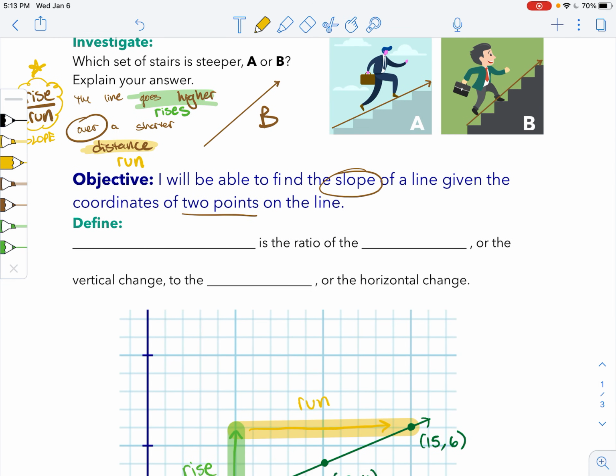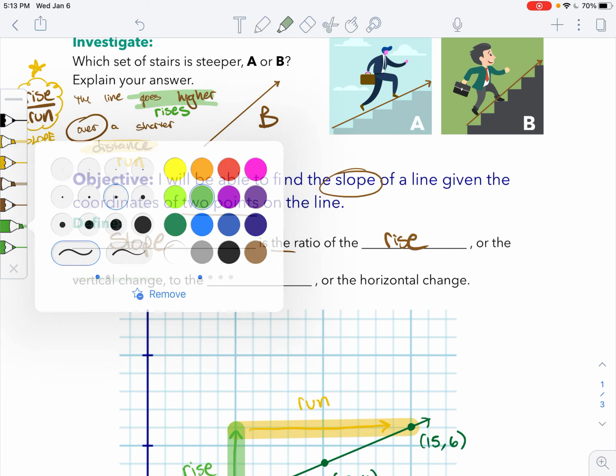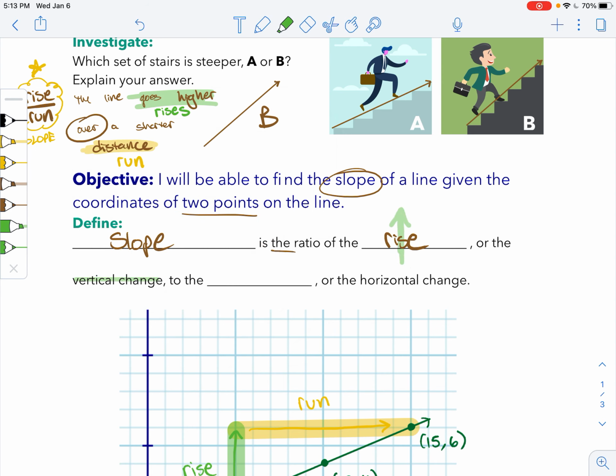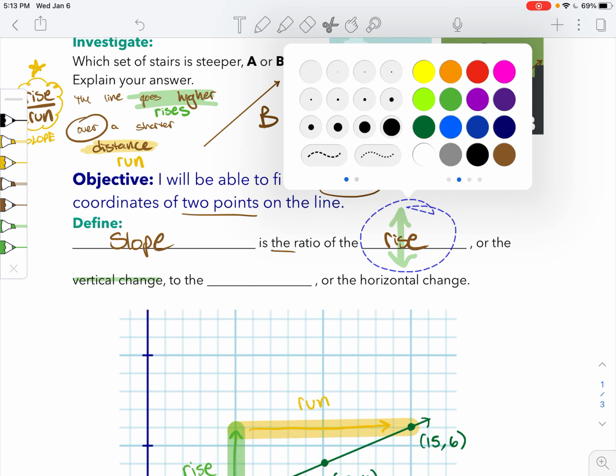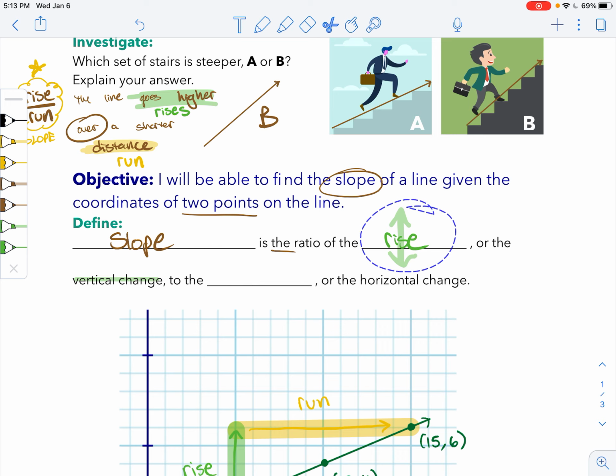So we say that the slope is a ratio of the rise, or the vertical change. So rise is how far it goes up. It's change up or down to the run. In fact, I'm going to make this whole thing green. Slope is rise over run, which is the horizontal change.